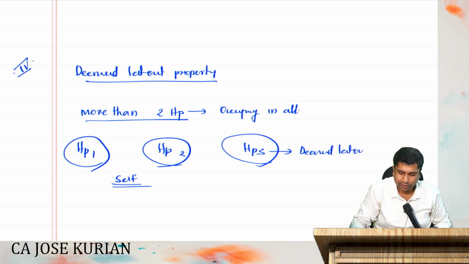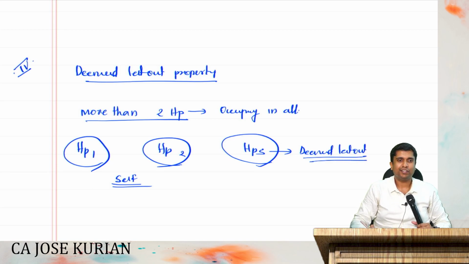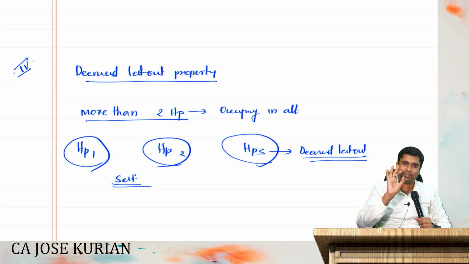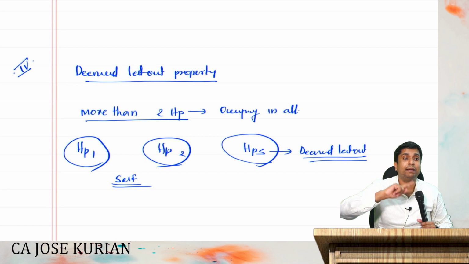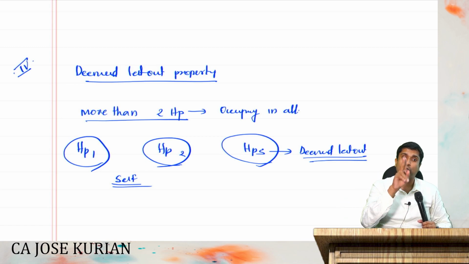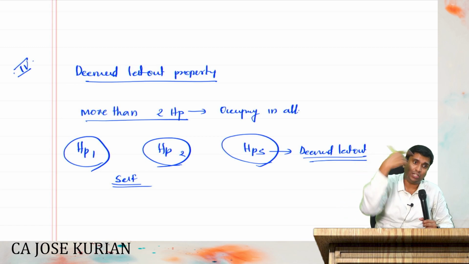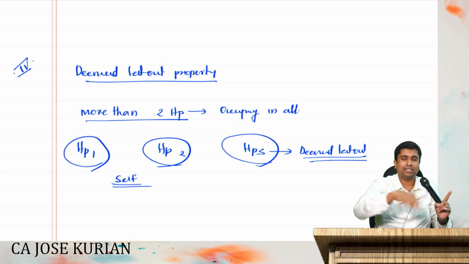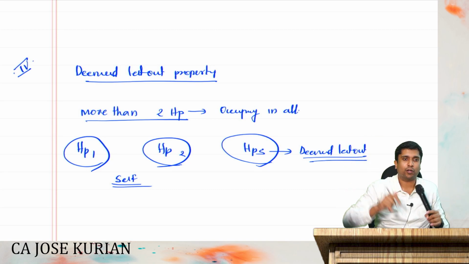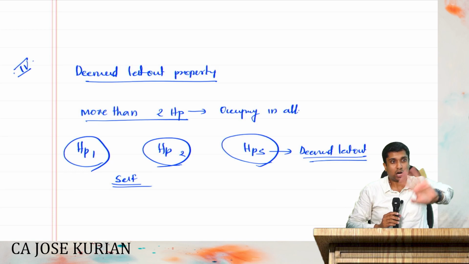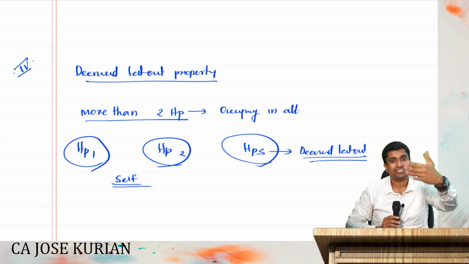What is deemed let out property? We know that you haven't let it out. It is a self-occupied property only, but we will say that it is deemed let out. You can occupy up to two properties. If you are occupying more than two, two are self-occupied and the remaining everything will be deemed let out. Say I have 5 houses, all 5 self-occupied.